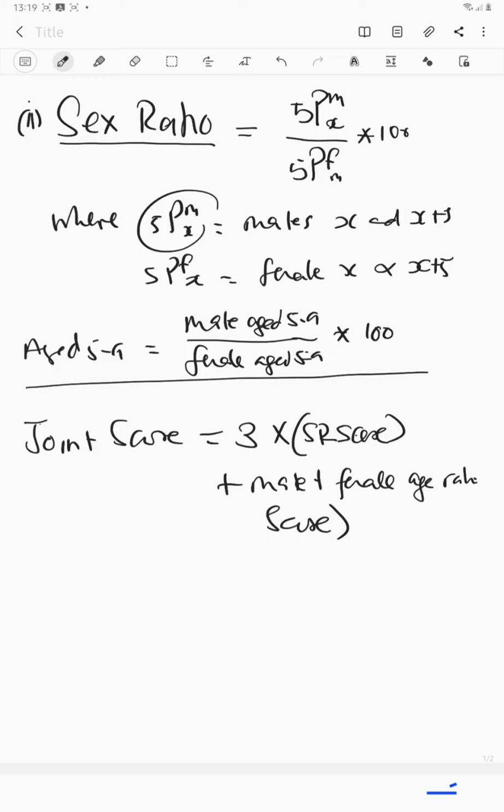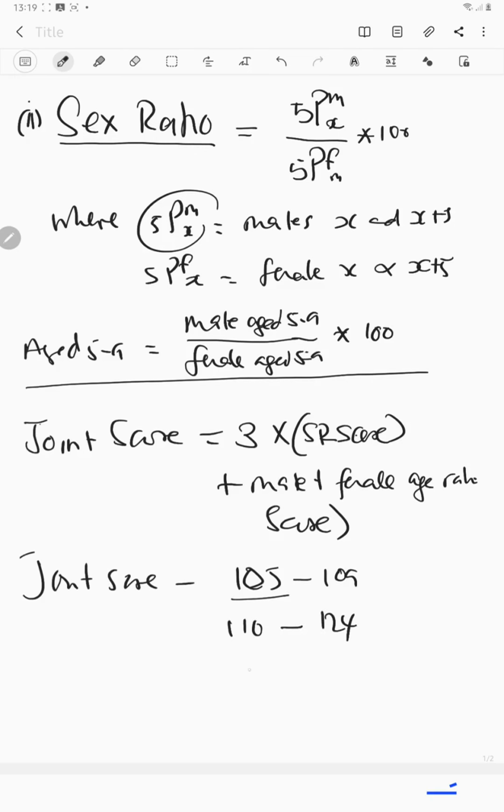For example, if your joint score is less than 105, or between 105 and 109, and then 110 to 124, and 125 to 175, and 175 and higher. You use this score to determine the accuracy.